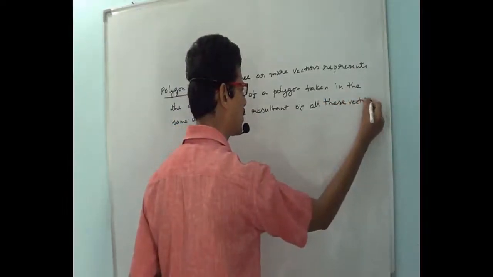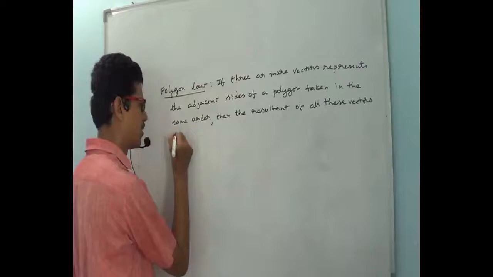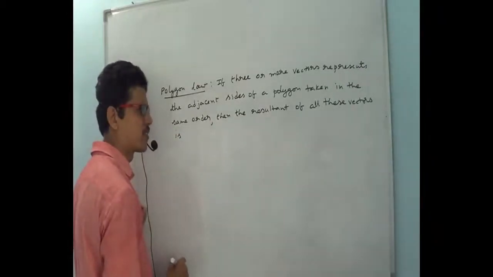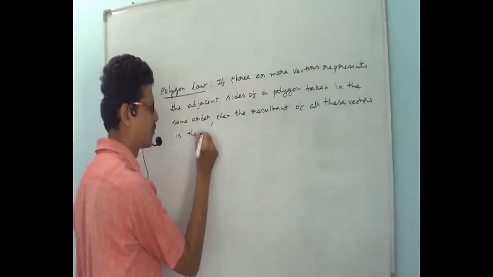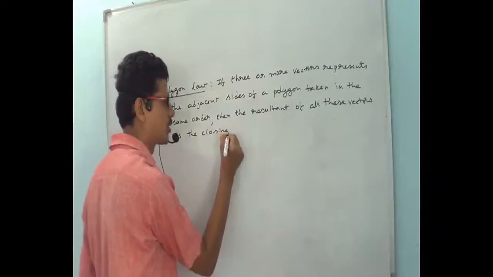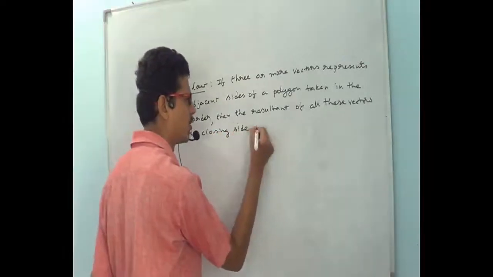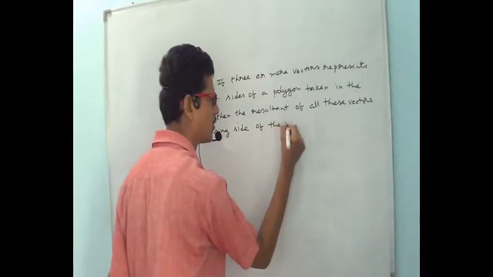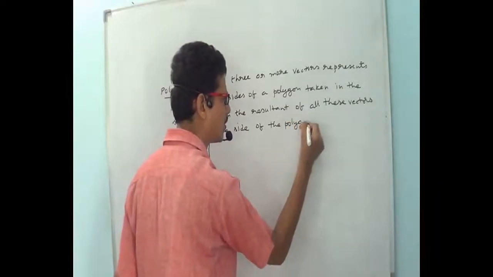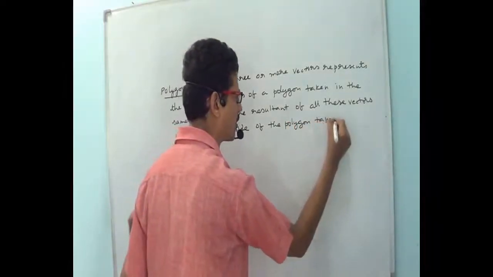The resultant of all these vectors is the closing side of the polygon taken in the reverse order.